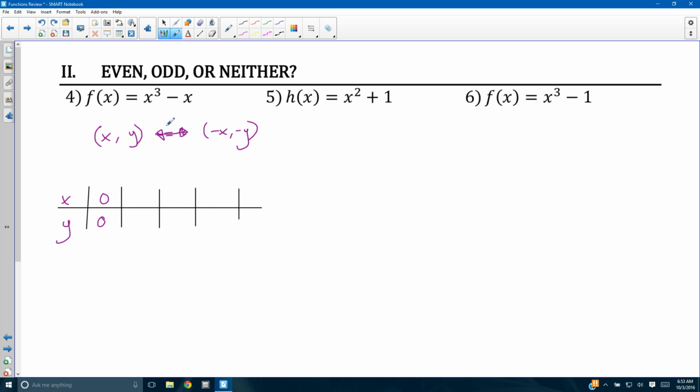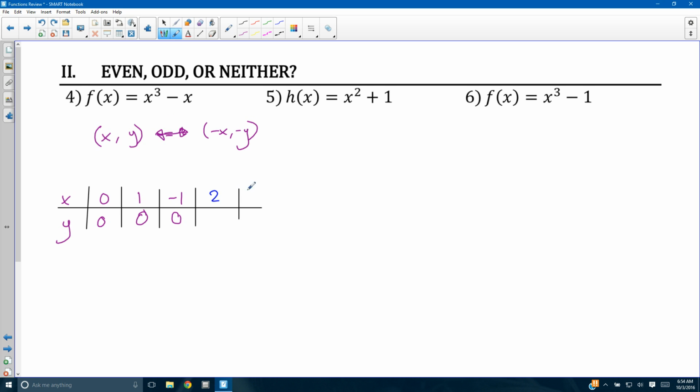So far, so good. Next one, if I substitute 1, 1 cubed minus 1 is 0. Now, if I substitute -1, I better get 0 out as well. -1 cubed is -1, minus -1 is plus 1, so -1 plus 1 is also 0. Also, so far so good. Probably at least try one more set, right? Try it until it's wrong or until you feel convinced enough.